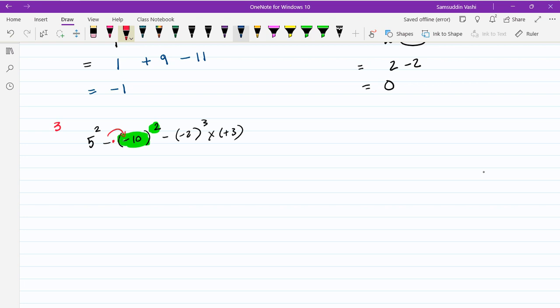Okay, so what's the answer for negative 10 squared? Negative squared is positive, and 10 squared is 100. Okay, if it is positive, there is no need for a sign. And there is a negative outside already there. Okay. Then the second part, negative 2 cube. What is it? It's a negative, and 2 cube is 8.